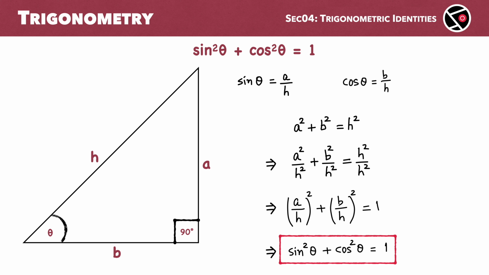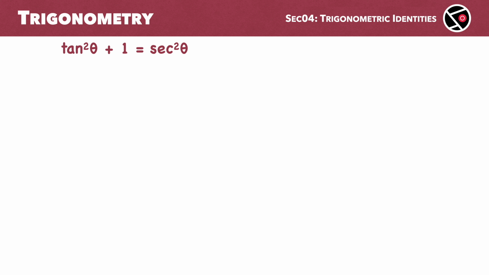Moving on, this is our next trigonometric identity. tan²θ plus 1 equals sec²θ. We will start with what we just learned. sin² plus cos² equals 1.